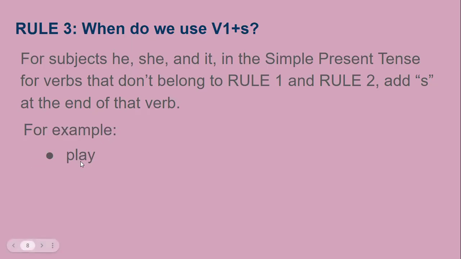You can see here, the last 2 letters are vowel plus Y. Not consonant plus Y, but vowel plus Y. So we can clearly see that this verb does not belong to rule 1, and certainly it does not belong to rule 2. So we just add S at the end, then play becomes plays.